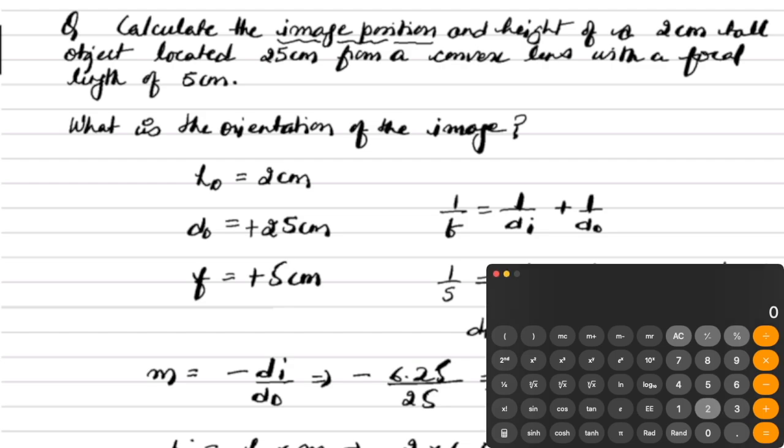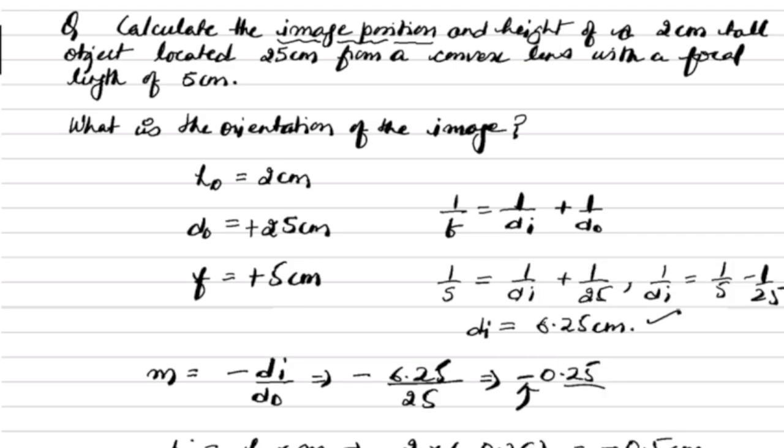It is 2 into 0.25, and we are getting 0.5. Because this negative sign is there, I have to take care. I'm just multiplying without the negative sign on the calculator. So minus 0.5 centimeter will be the height of the image. And about the orientation, the image is inverted, so we will get an inverted image. That's about the orientation of this object's image.